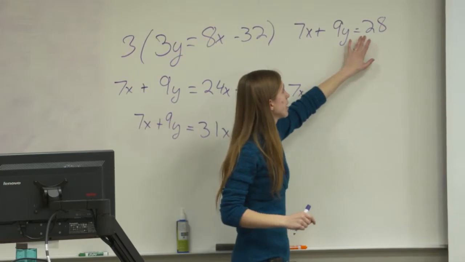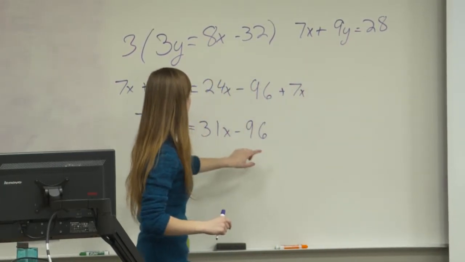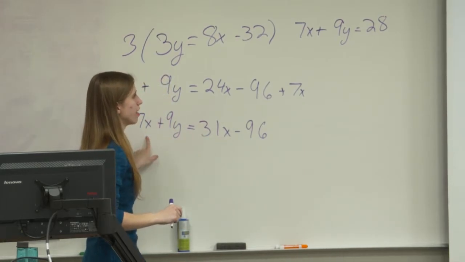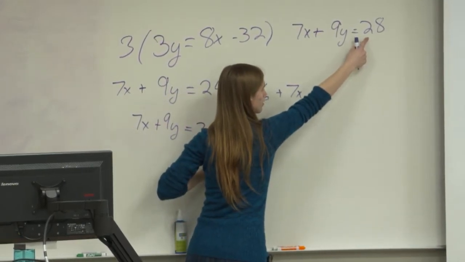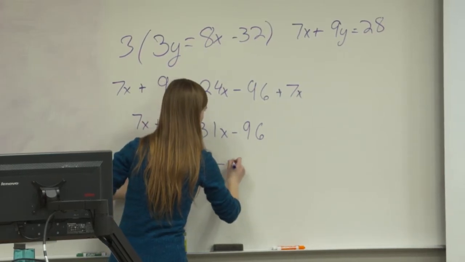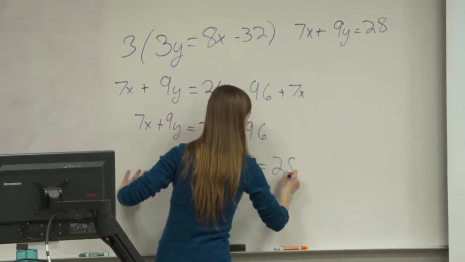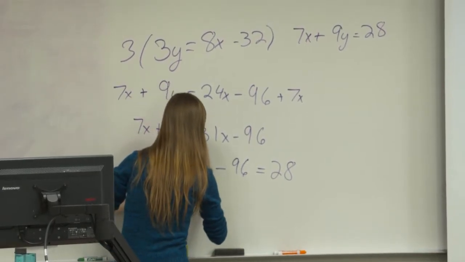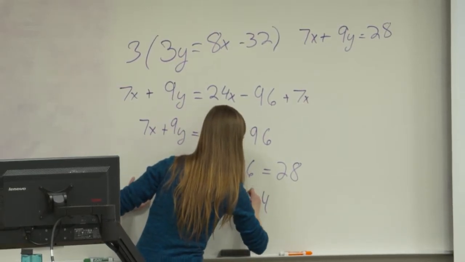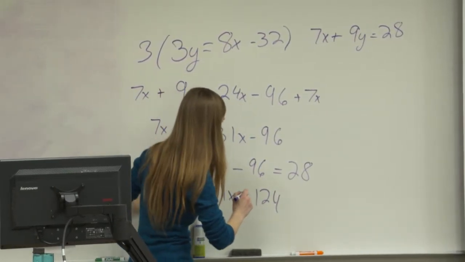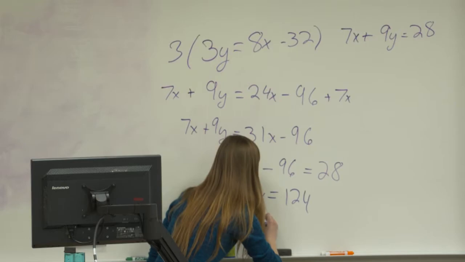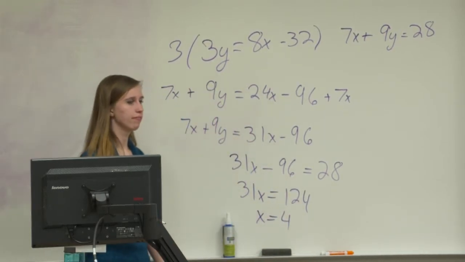Well, if 28 is this, and 31x minus 96 is that, that means that we can equate these two sides and get 31x minus 96 equals 28, which gives us 31x equals what? Yes, 124, which means x equals 4.